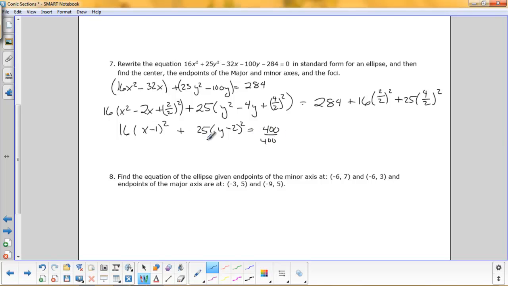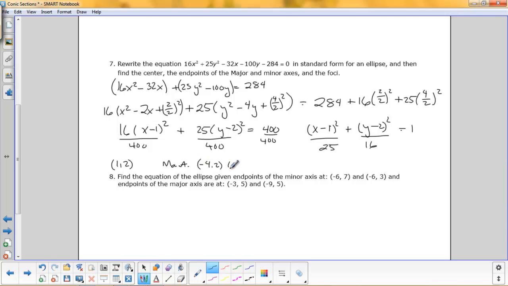Dividing out your 400 to both sides. And now we get (x minus 1) squared plus (y minus 2) squared equals 1, and these respectively are divided over 25 and 16. Alright, center is located at (1, 2). Major axis endpoints are located at (-4, 2) and (6, 2).